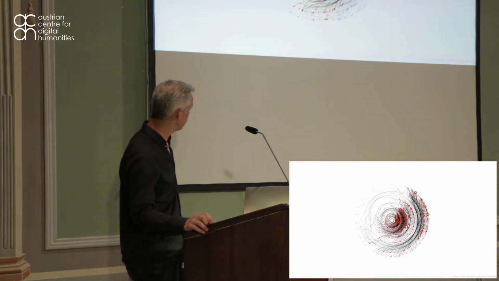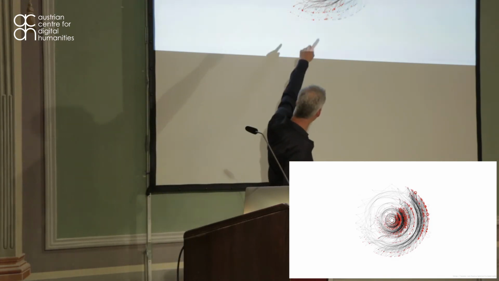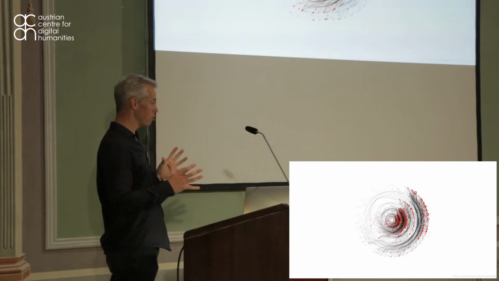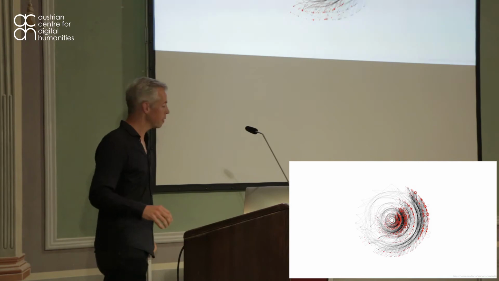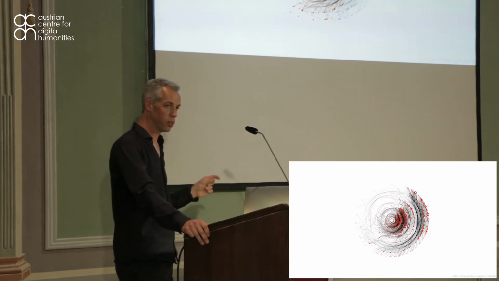And for this particular visualization, let me explain to you what you're seeing. Every circle here is one poem, and the biggest circle is the longest poem, and the one in the center is the shortest poem. Then he assigned numbers to letters. So A is 1, B is 2, C is 3, D is 4, etc. Then for every word, he summed up these numbers, and then you end up with another number.